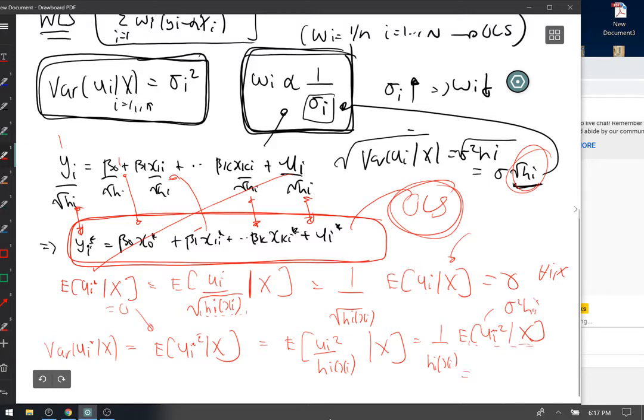So we can see the h_i's cancel, and we're left with sigma squared for all i in x. So when we divided both sides by the square root of h_i, which is proportional to the standard deviation of u, the new disturbance in our new regression does have constant variance.